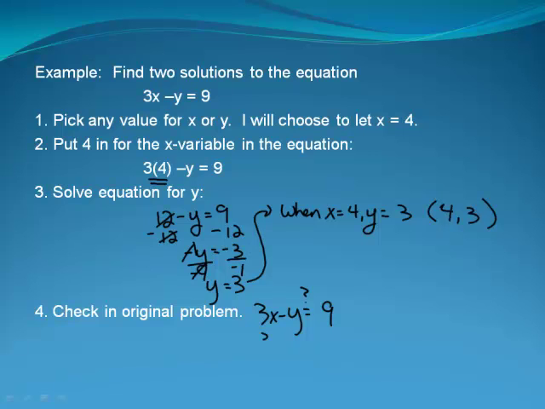So now we've got 3 times 4 minus 3, is that really 9? Which gives us 12 minus 3 equals 9. And if we do the math on the left-hand side, 12 minus 3 is 9. 9 equals 9. That's a true statement. Checks out, and it looks like our solution is fine.